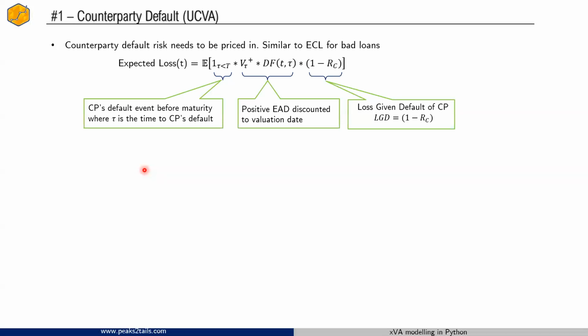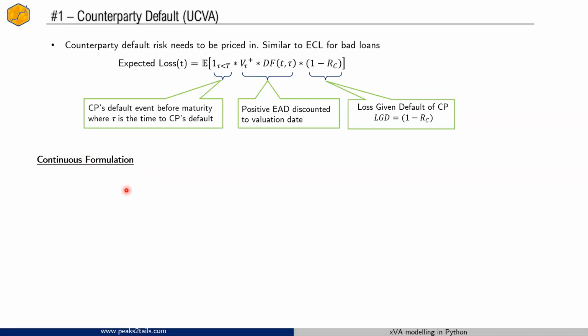Now let's make this expression a little more proper under the continuous domain. And then we will have a discretized version of it, which is actually what is implemented. You can also work with the continuous version as well.